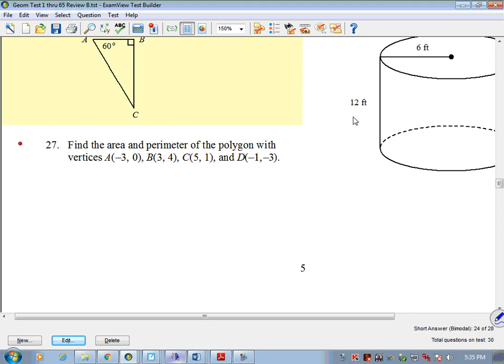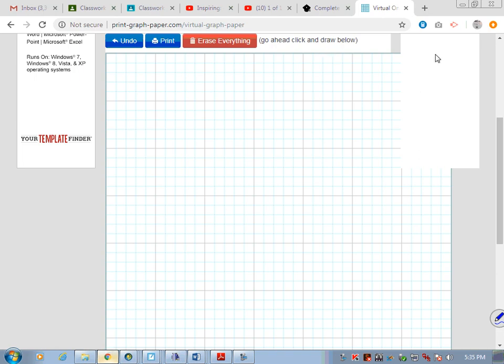Find the area and the perimeter of the polygon with vertices at those places. Okay. All right, we'll switch over to go back to our grid paper. Okay, question 27.